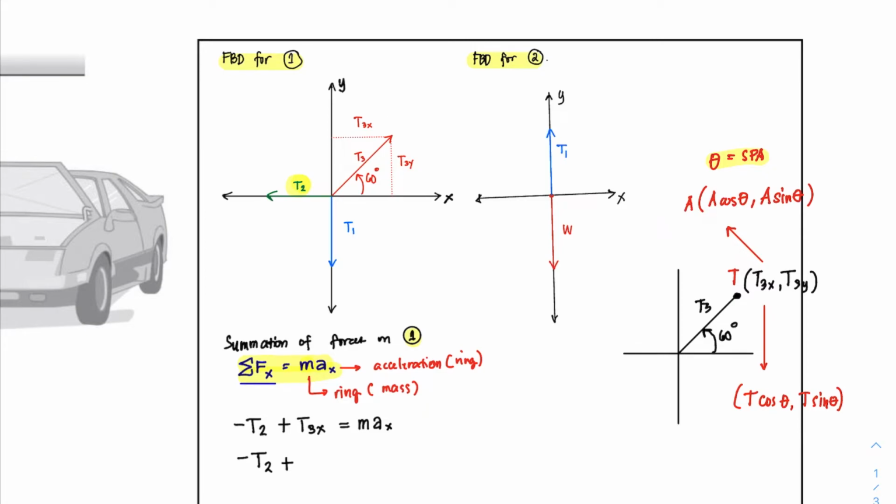So if you want to get T3x, that is the first component.